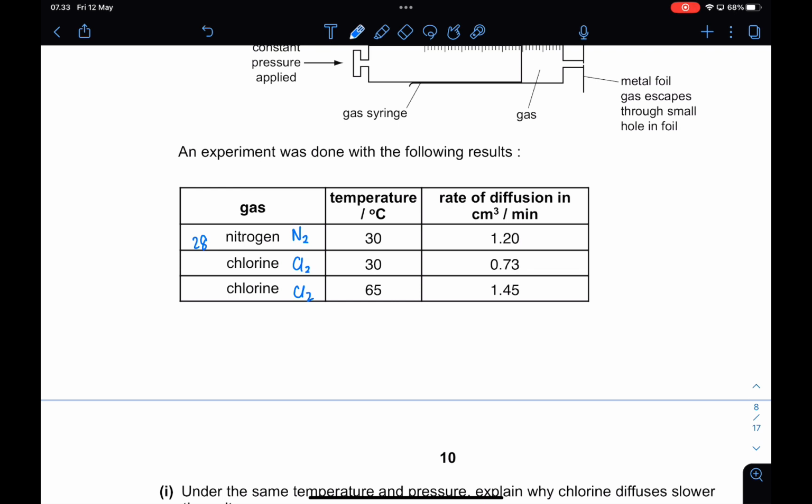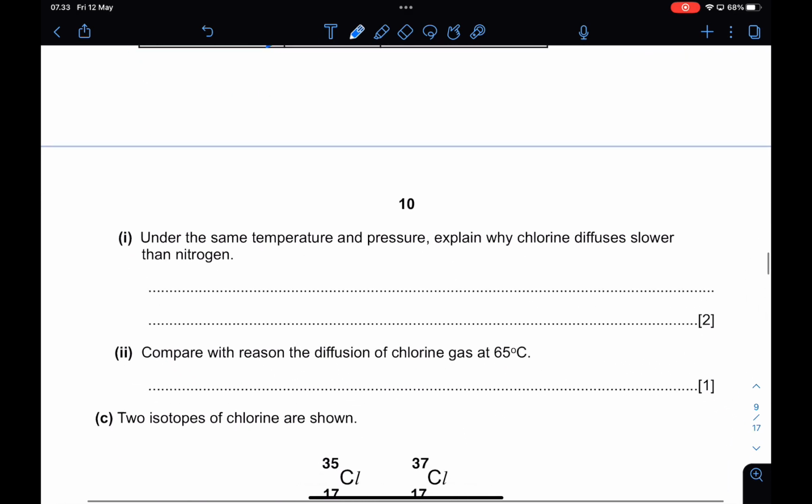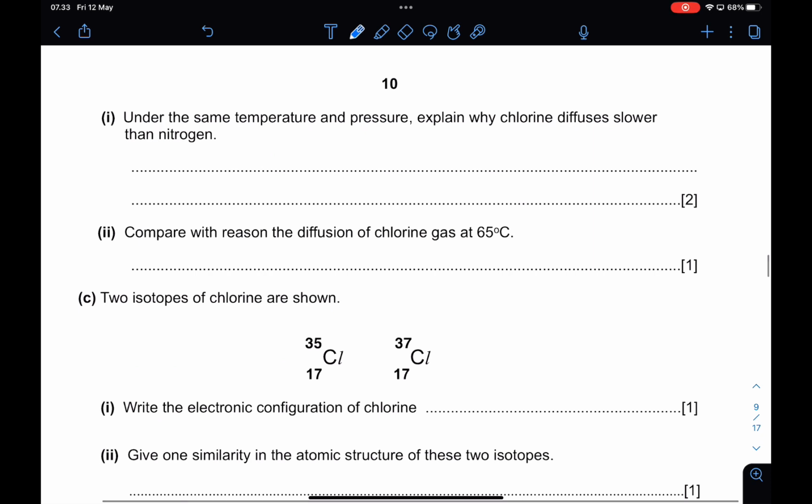And the relative molecular mass for chlorine Cl2, 35.5 plus 35.5, is going to be 71. So in this case, which one is heavier? The one that is heavier is chlorine. Please remember, molecules that are heavier will be difficult to diffuse. Molecules that are lighter will diffuse easily. Please remember that.